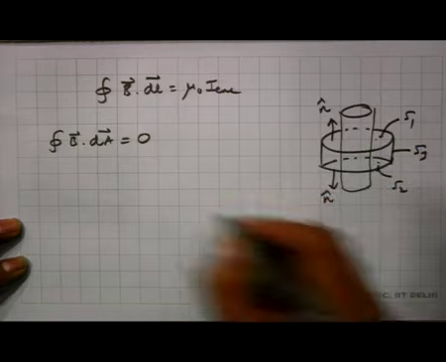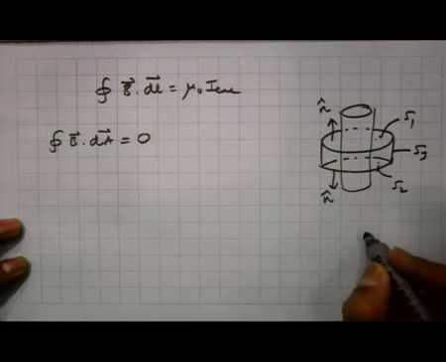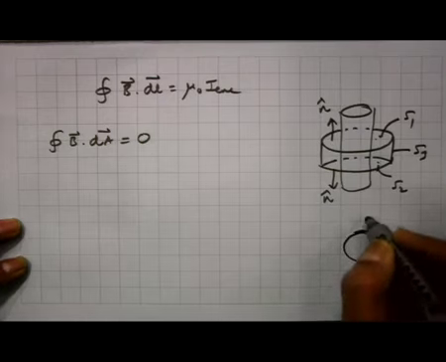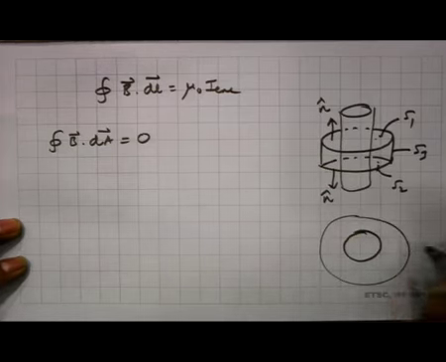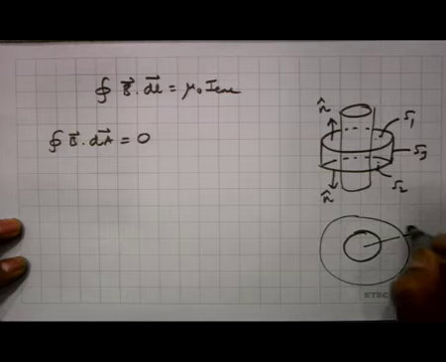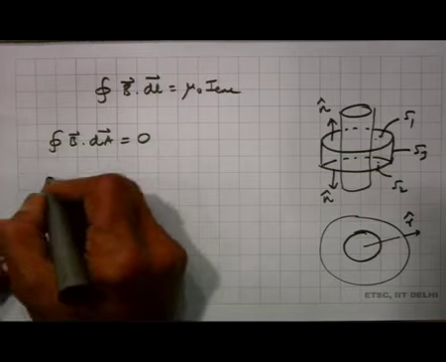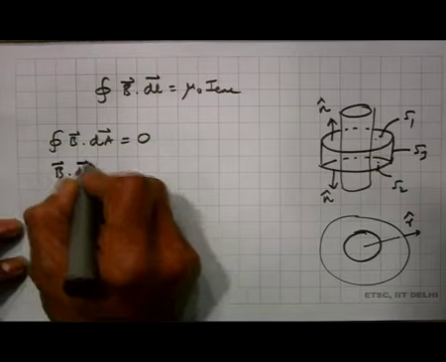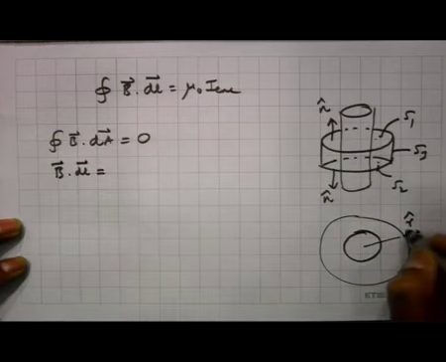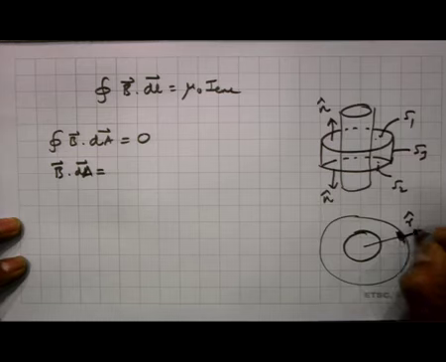Suppose let me look at the top surface here. This is my solenoid and I am taking a path like this. This is my part of the surface. This is the r cap direction. The normal here is like this. So, what I will get is B dot dA. The dA vector is also in the same direction.